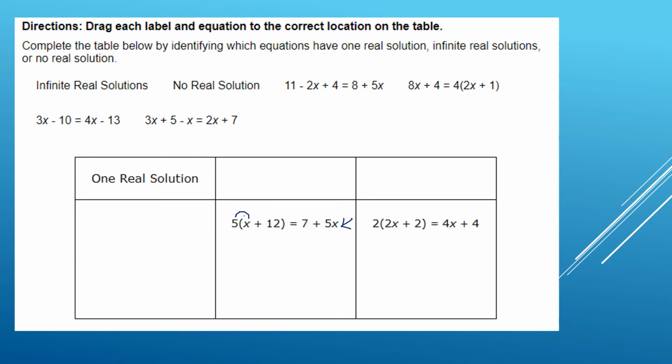We're going to spread out the 5, and we get 5x plus 5 times 12 is 60. I'm going to subtract 5x from both sides. And I end up with 60 equals 7. Well, 60 cannot equal 7, so these are no real solutions.